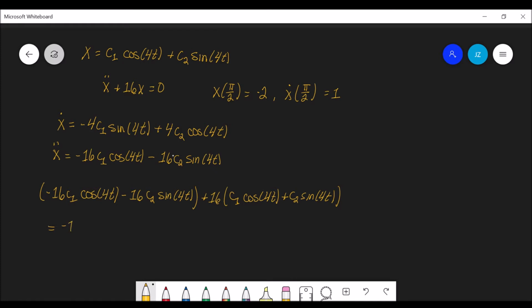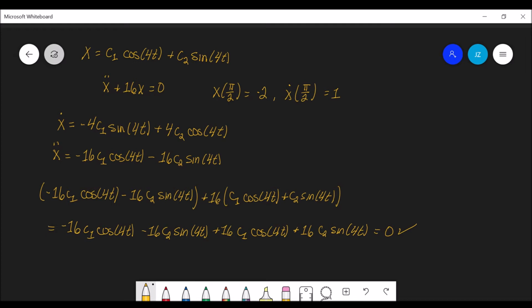We get -16 C1 cosine of 4t minus 16 C2 sine of 4t plus 16 C1 cosine of 4t plus 16 C2 sine of 4t, and of course, this whole thing is equal to 0. And so this is indeed a solution.